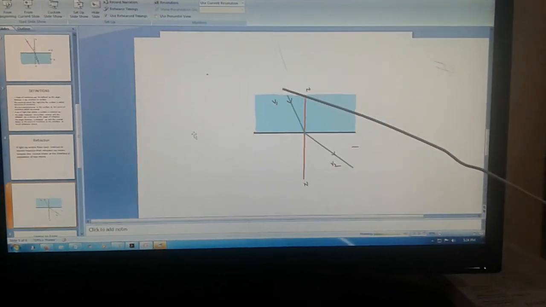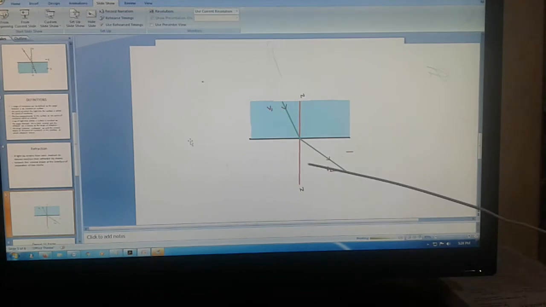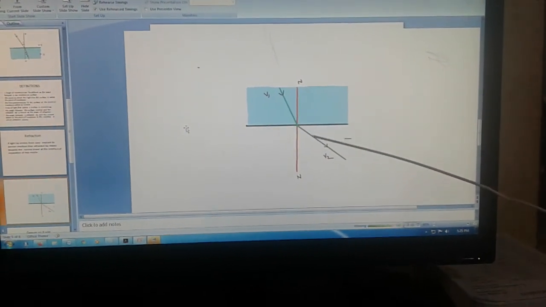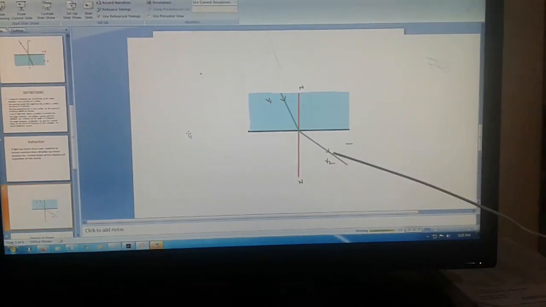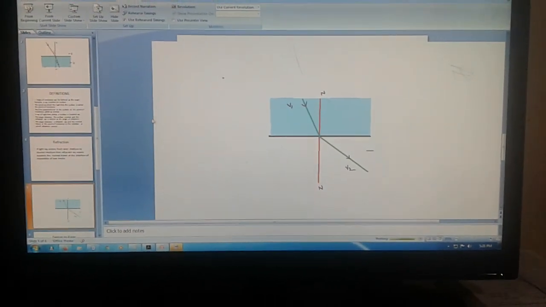Once again, see, the incident ray traveling from denser medium to rarer medium gets refracted and this refracted ray will go away from the normal. So this is about refraction.